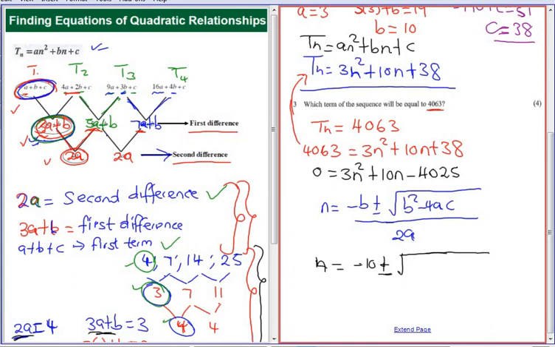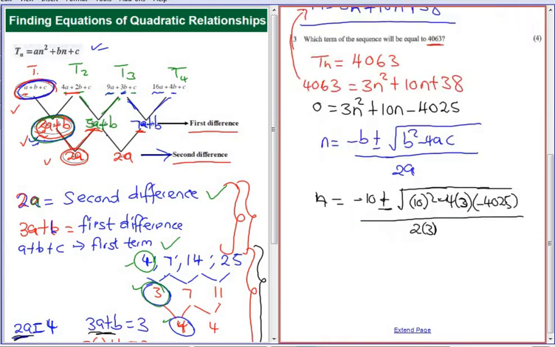And then your b squared means 10 squared minus 4 by a of 3 and c of negative 4025, over 2 by 3. So it should work easily.